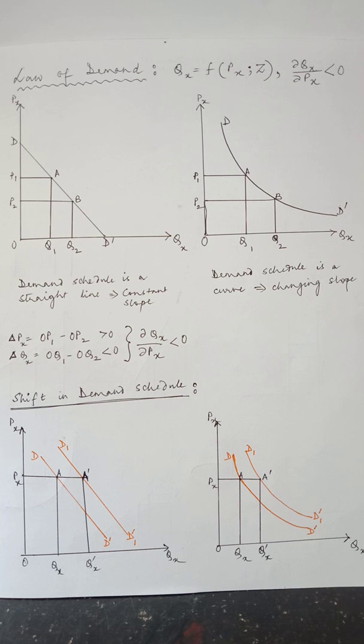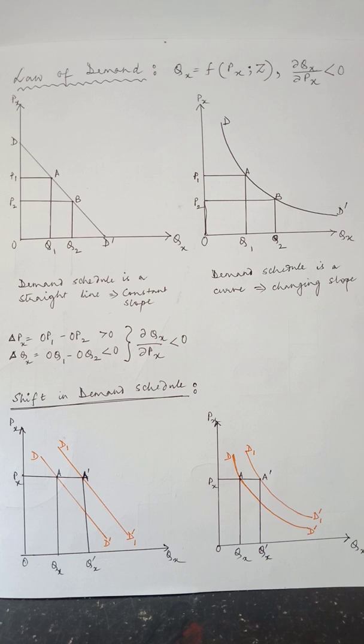Now, we always talk about substitutes like tea and coffee. If the price of coffee increases, whenever we were having coffee, we would like to have tea now because the price of coffee has increased. So when the price of coffee has increased, the demand for tea will be increasing.